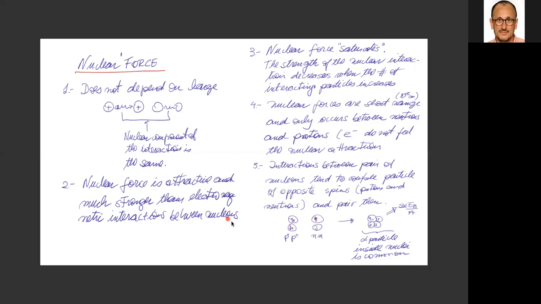The thing that I didn't say here is that it is much stronger than electromagnetic, and it is limited in range. The nuclear force is not the electromagnetic force. When you draw the electromagnetic potential, it goes out to infinity, and your electromagnetism professor says you bring this charge from infinity.